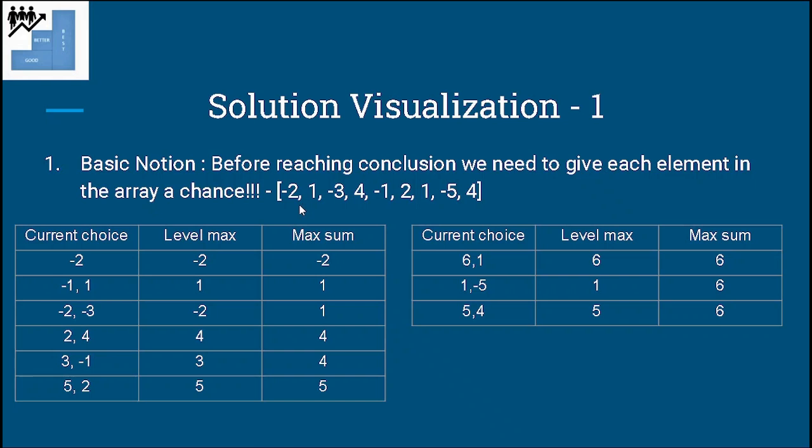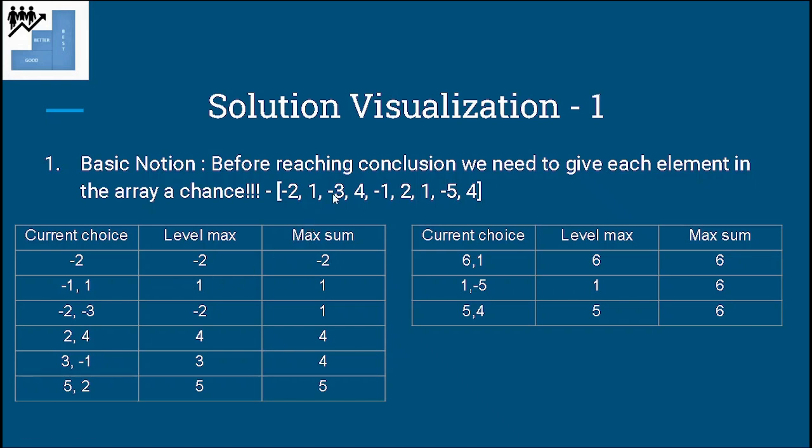Or if I start a new array from here, it will be 1. The best of these two choices is to start a new array. And then till the previous element, the best sum was minus 2. If I compare it with the current level max, I see that the maximum sum has also changed.